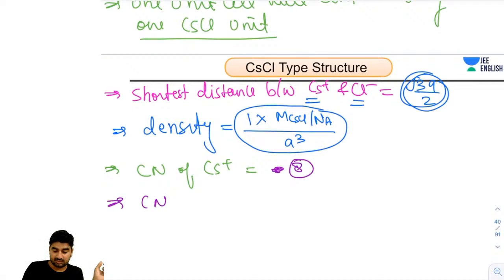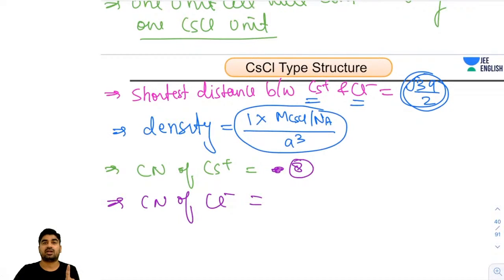Now, can you tell me the coordination number of chloride? Means a single chloride ion, how many cesium ions are touched by a single chloride ion?